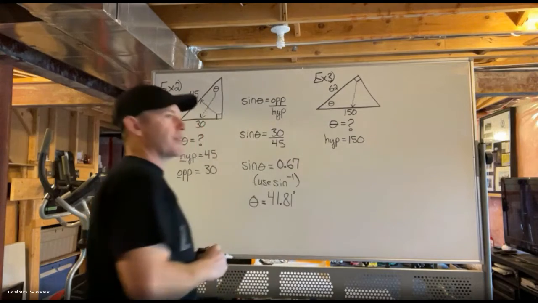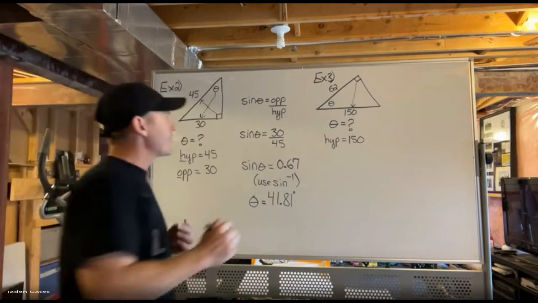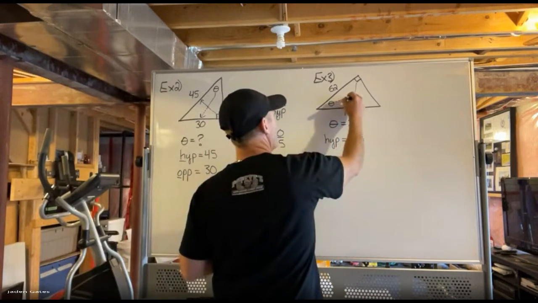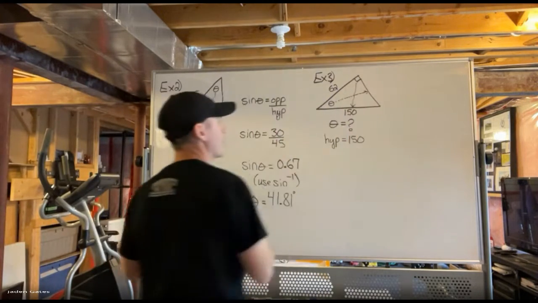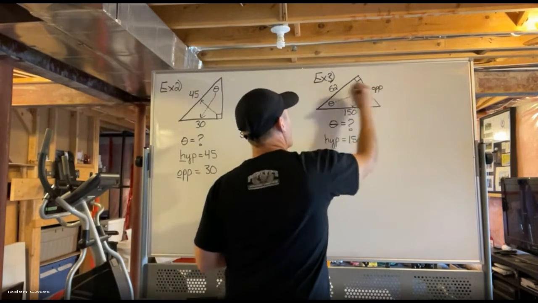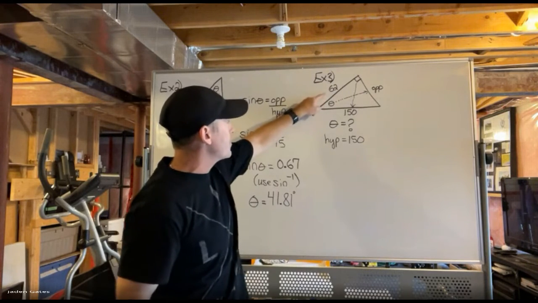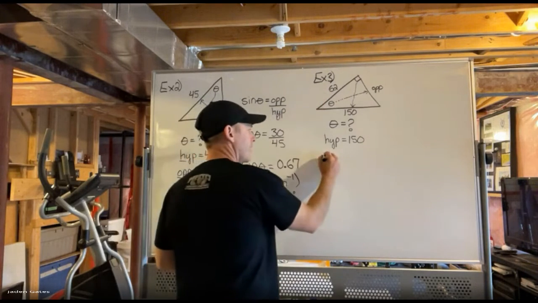Then I still have that 62 side. The side across from my angle is the opposite, and I don't have that. But I do have the 62, which is beside my angle, so that is my adjacent.